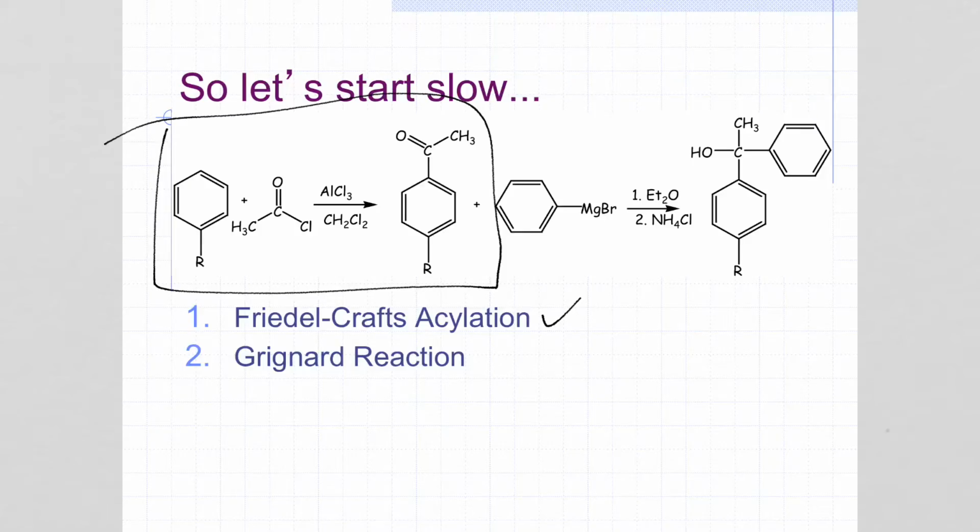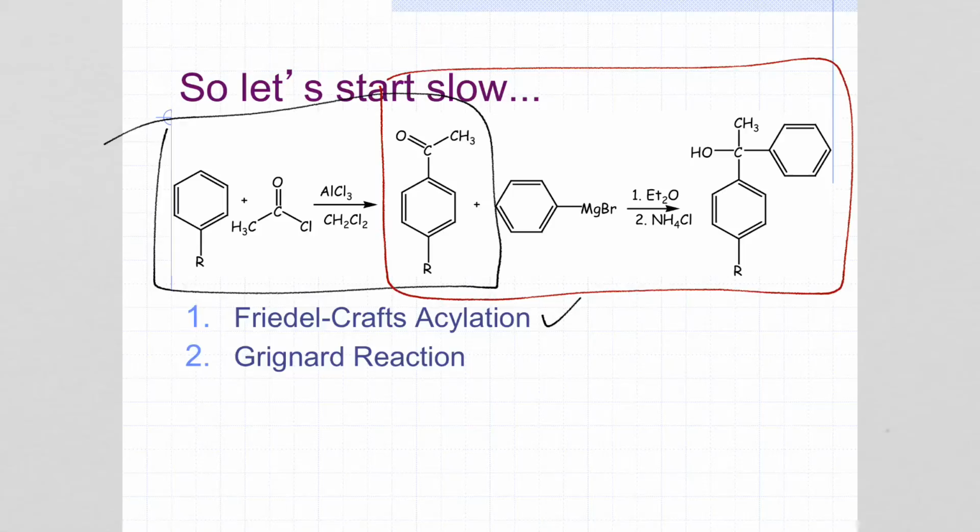And then once we isolate our product, we'll take that product on into the second step of the reaction and do something called a Grignard reaction. And that is a reaction that we will start talking about next week in class.